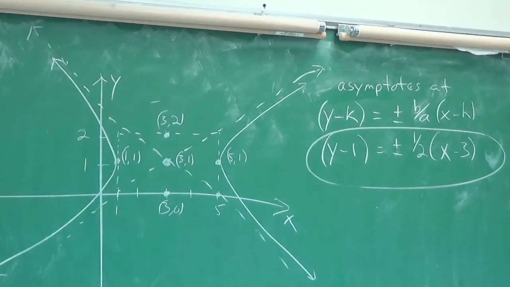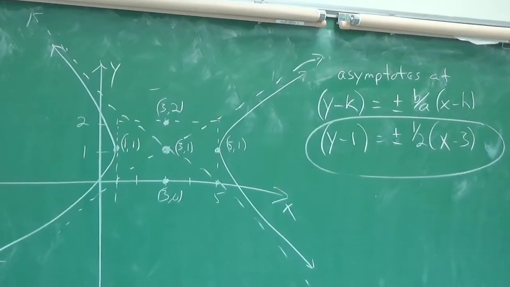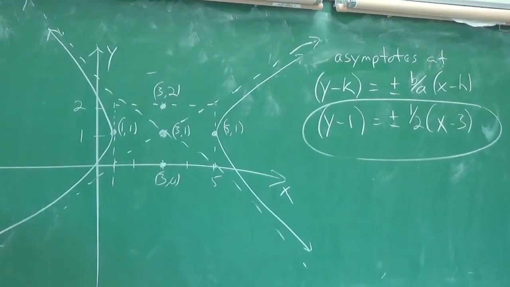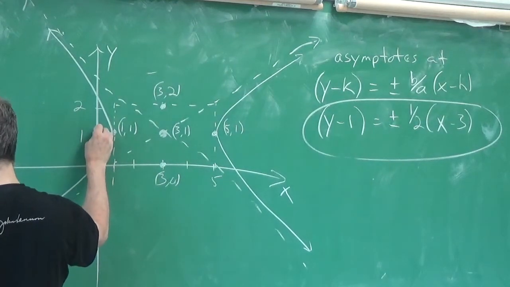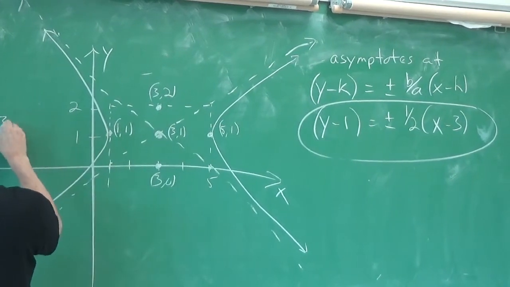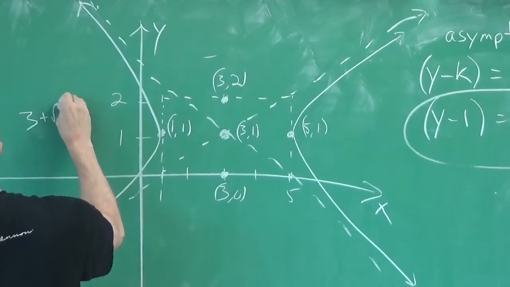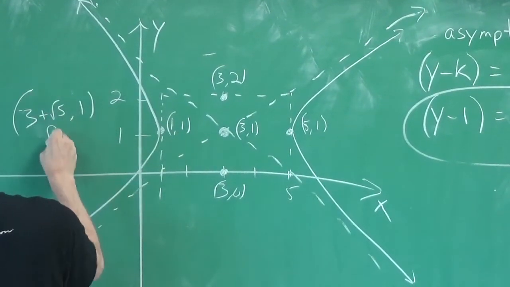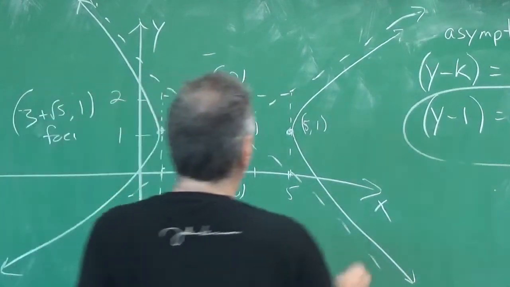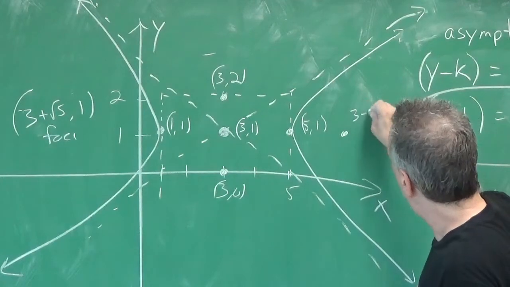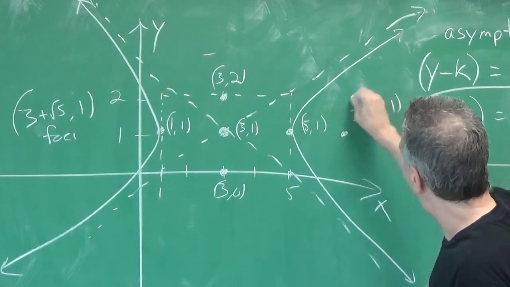All right, good times, huh? Hyperbolas. Foci, we did the foci. Oh, we didn't do the foci. The foci are out here. The foci are going to be at 3 plus root 5, 1, and over here, 3 minus root 5, 1 is the other focus.